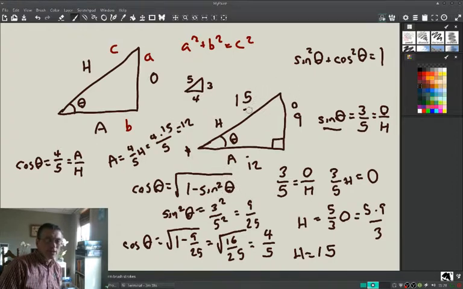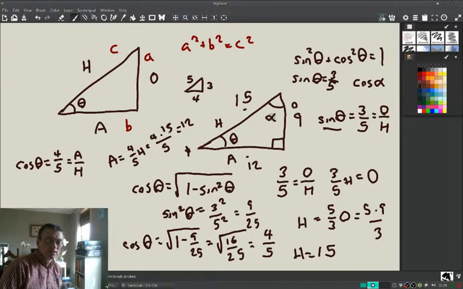One last thing to notice, these are sort of co-angles, say this angle up here is theta. Suppose we knew that sine of theta equals 3/5. What is cosine of alpha? Alright, sine is opposite over hypotenuse.